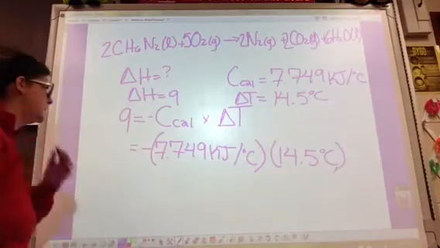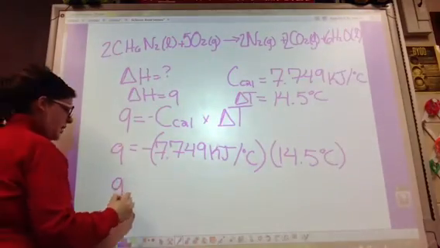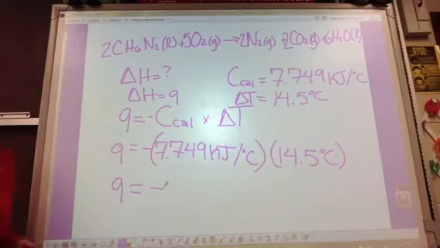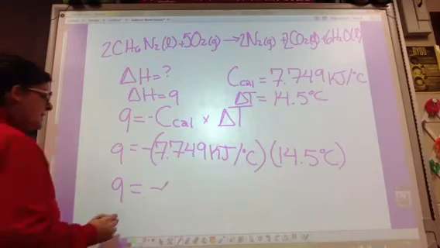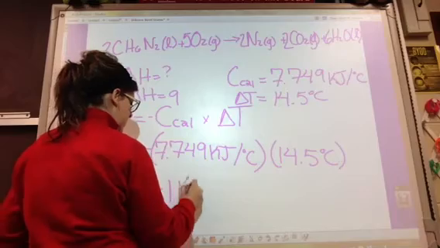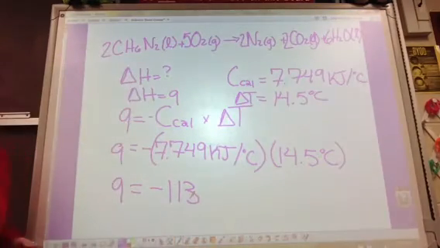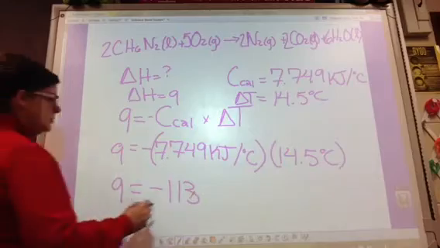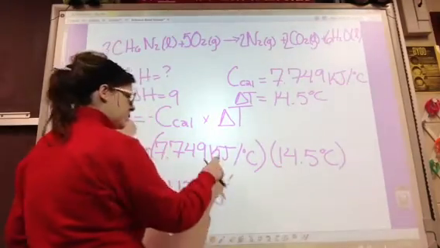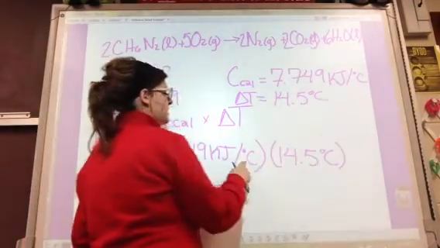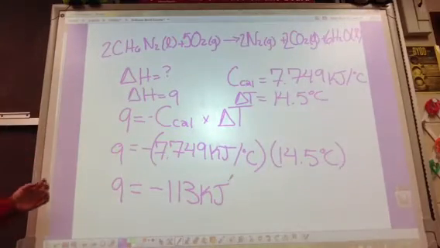Now if I multiply these together, I get my Q value to be a negative 113 kilojoules, because we're already in kilojoules and my degrees Celsius cancel out. So Q would be a negative 113 kilojoules.